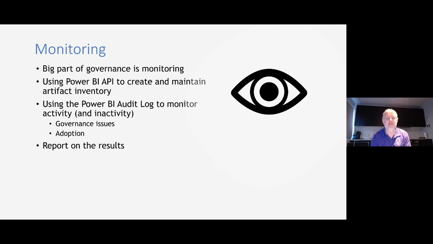This is a technical thing because doing monitoring is something you need to do technically. And as I said, it's a big part of governance. I don't want to go into the details because Rui has already mentioned a lot of this. Using the REST API to get the artifact inventory, using the audit log either from Office 365 if you have access, or from the Power BI REST API if you're just a Power BI administrator.